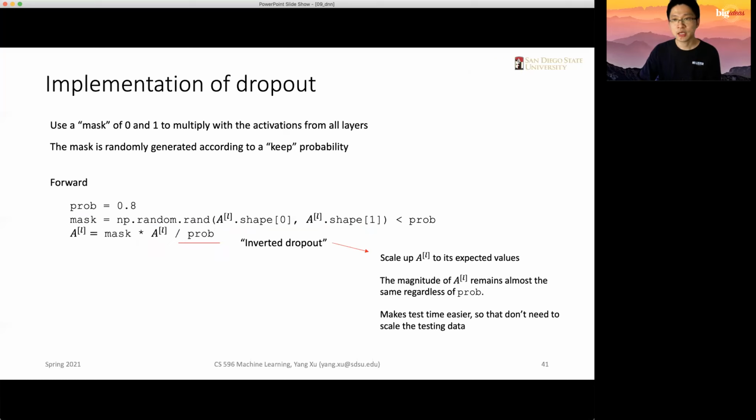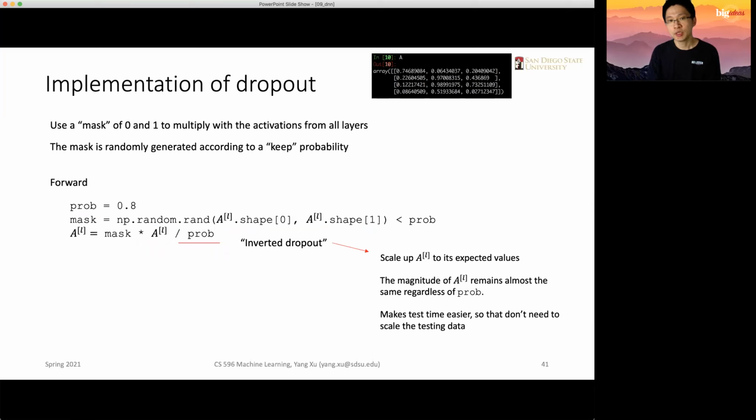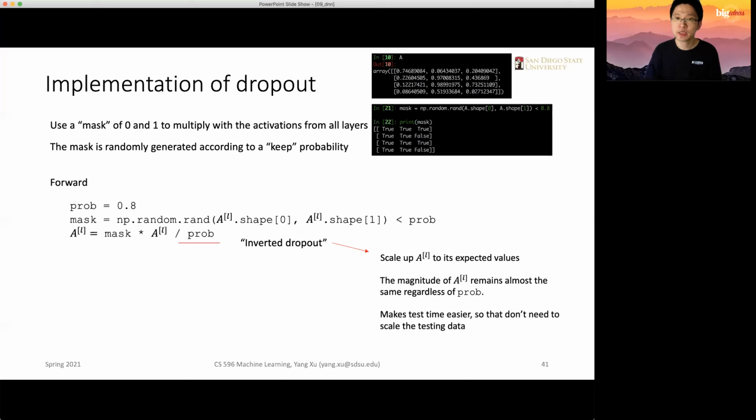All right, so in NumPy, this is a demo showing the activations. It's a 4x3 array that has random activation values. Then we can create a mask in this way, with the same shape as the activation matrix A. If you look at the mask, it consists of true and false.